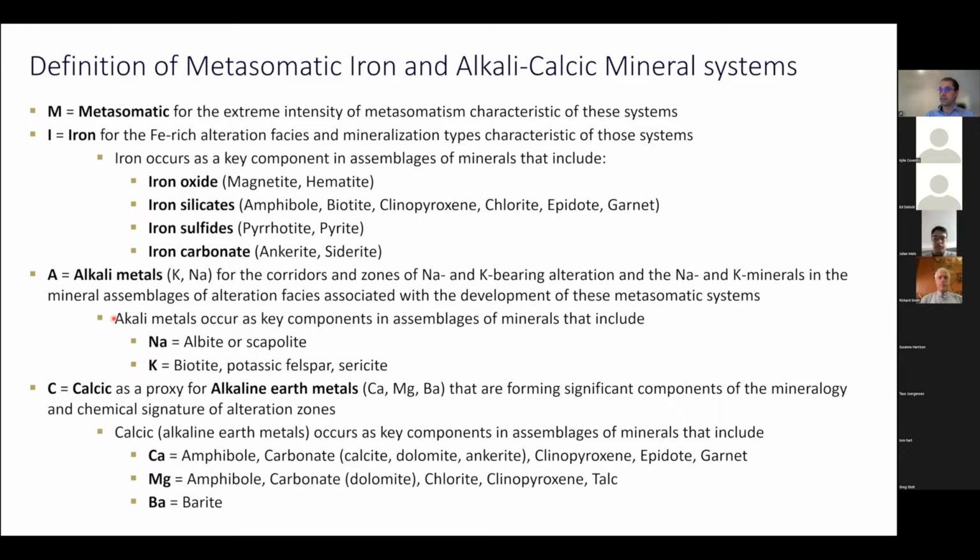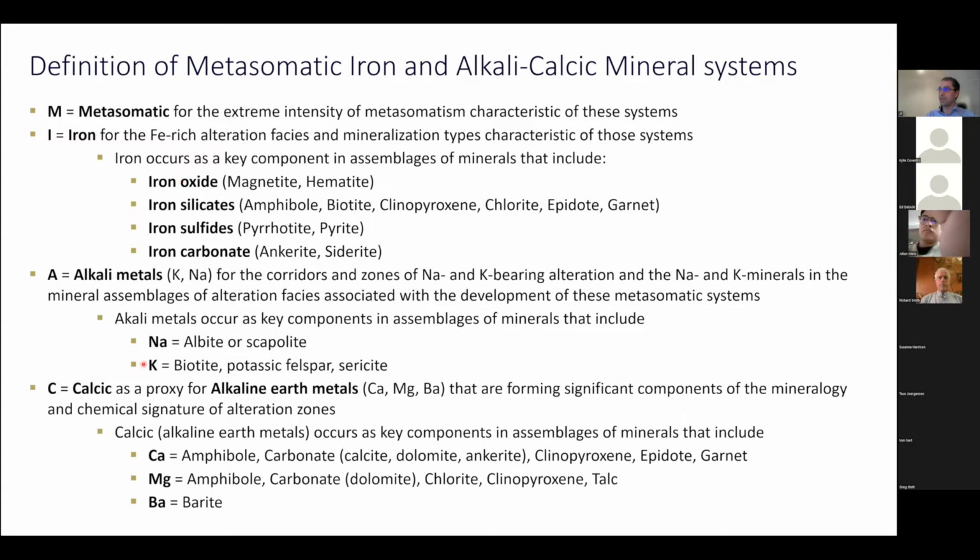They're important, but there can be other types of expression of iron-rich alteration. Alkali and calcic, because when we have these zones of iron-rich metasomatic alteration, generally it would come with either alkali metals or alkaline earth metals. And the ones associated with iron can become a very good predictor for the type of mineralization that can be formed.